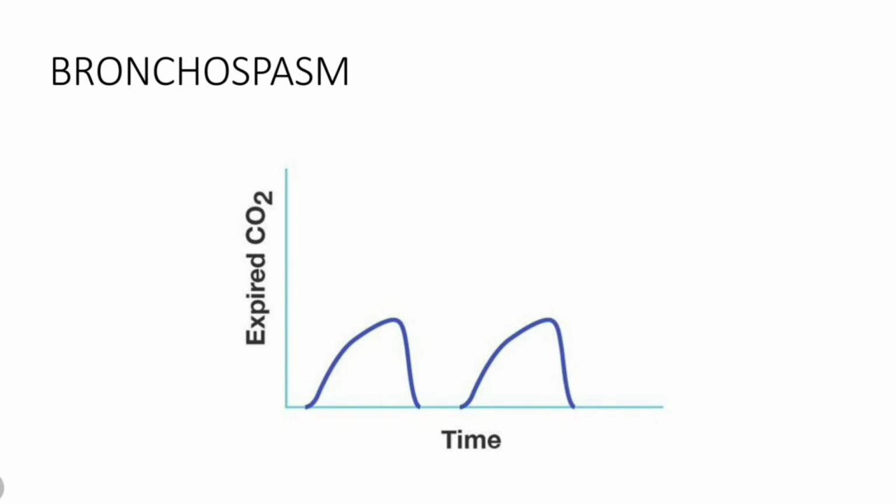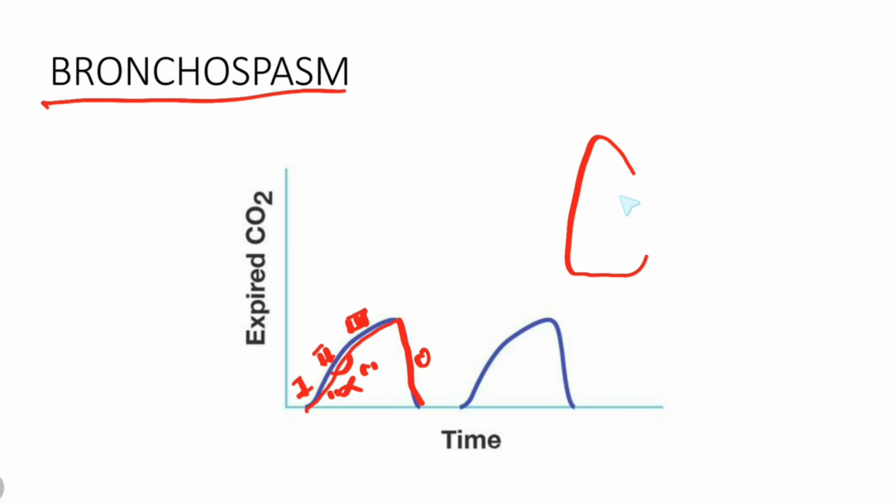In case of obstructive lung pathology like bronchospasm, there will be a shark fin-like appearance of the capnogram. Here the phases are phase 1, phase 2, and phase 3, and this is phase 0 or phase 4. You can see the alpha angle is almost totally changed, because in obstructive pathology, the carbon dioxide cannot come out of the lungs initially.